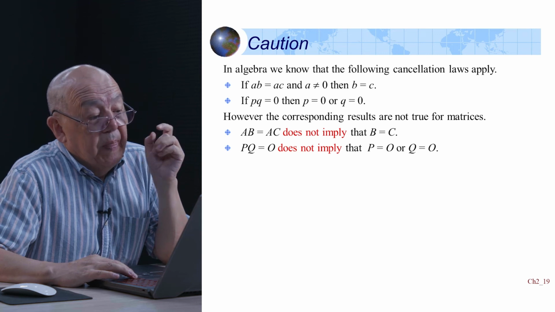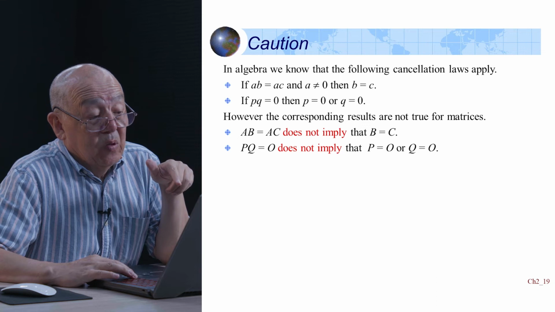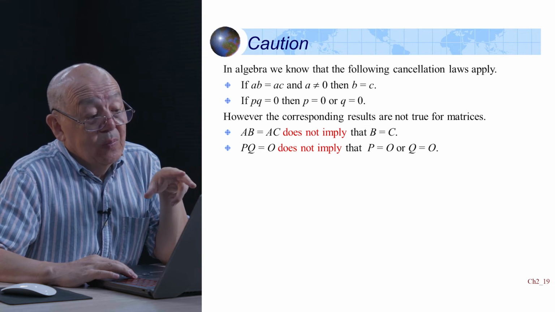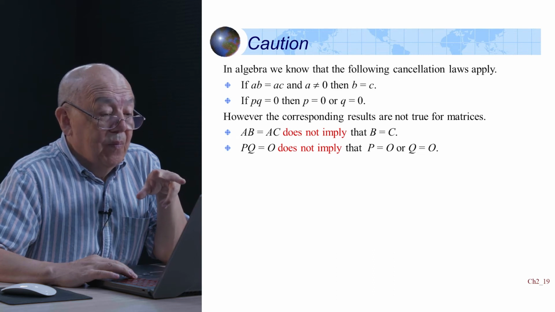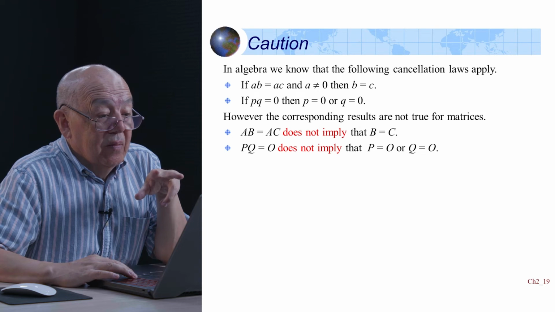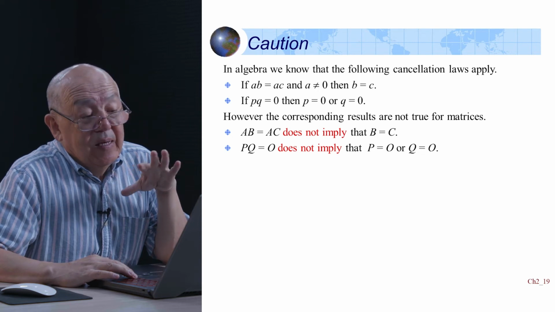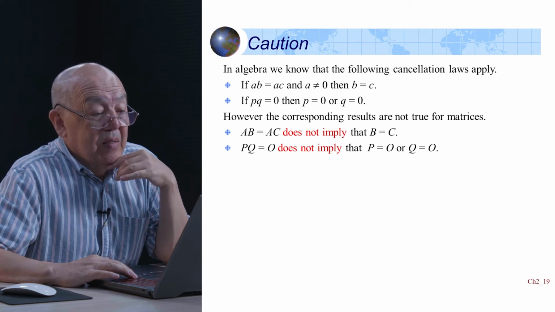So about the last property: you can find two matrices P and Q whose product is the 0 matrix, but neither P nor Q is a 0 matrix.